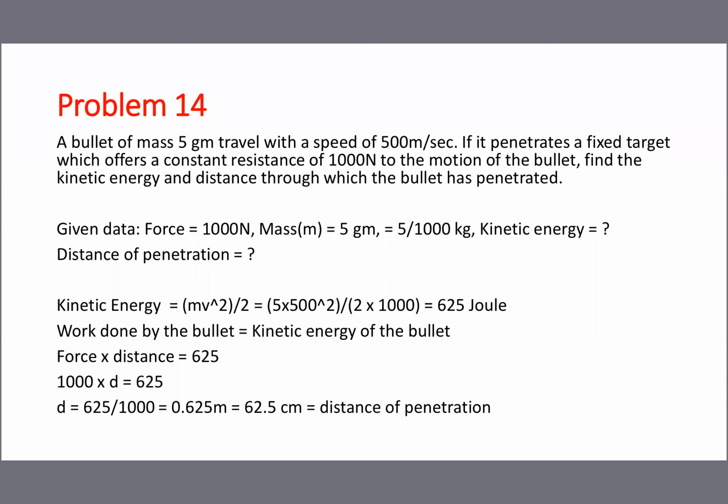Force into distance equal to 625. Force value is 1000. Distance you have to calculate, so distance equal to 625 divided by 1000, which is 0.625 meter. Centimeter means multiplied by 100, so 62.5 centimeter.